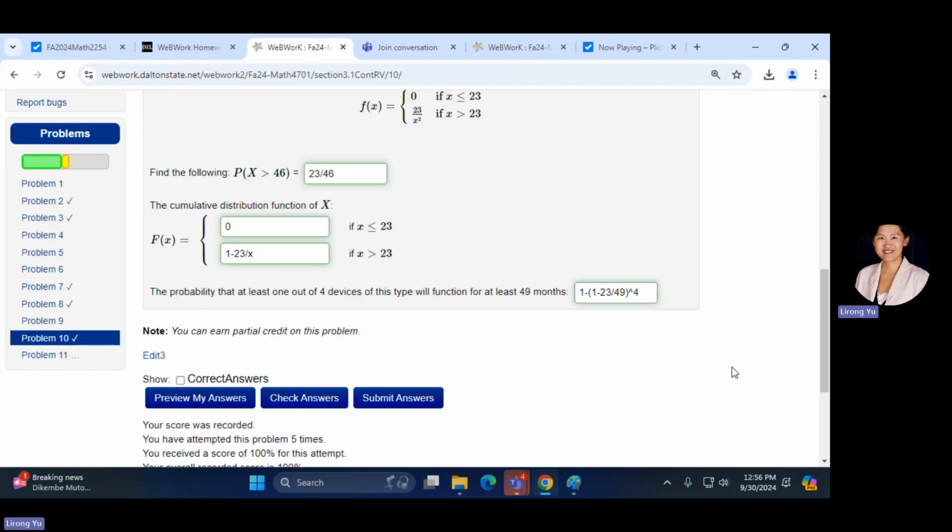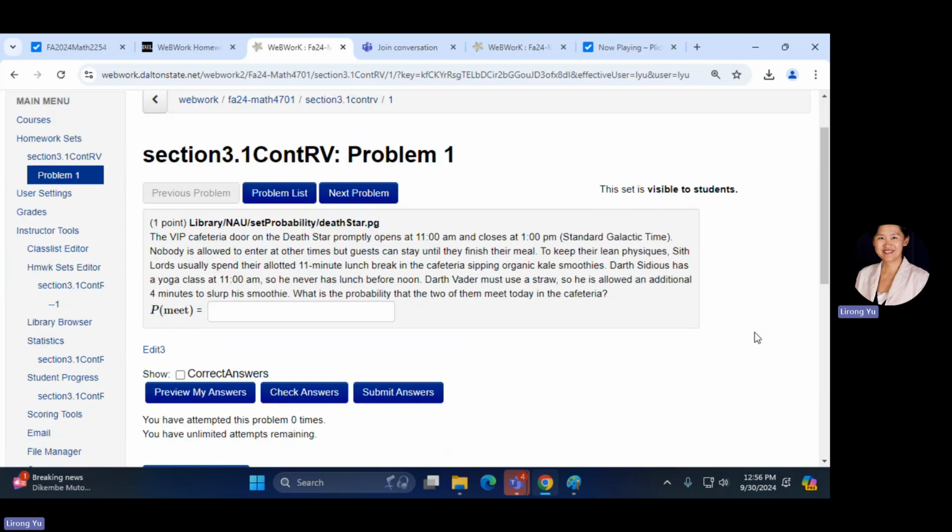For the other one, we did a video some time ago. We should also look at question number 1, which was slightly harder than the rest because we have to think about the relation. This one has 2 persons and every person's behavior follows a uniform distribution, right?